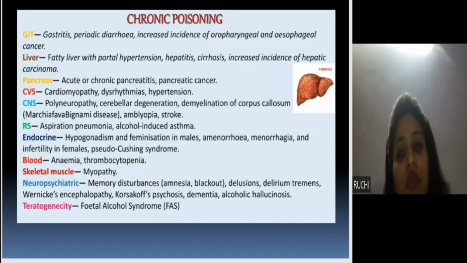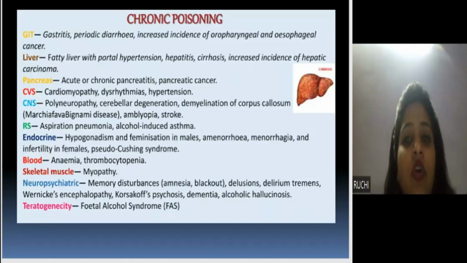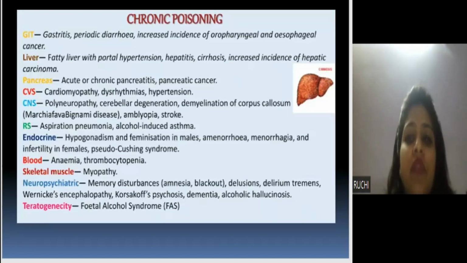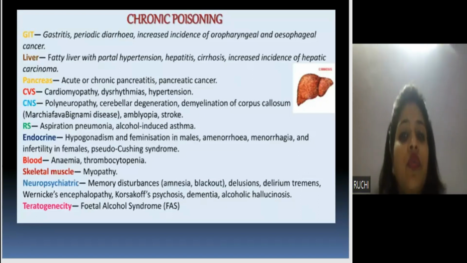Pancreas, acute or chronic pancreatitis or pancreatic cancer. CNS, polyneuropathy, cerebellar degeneration, demyelination of corpus callosum. In respiratory, asthma. These are very chronic kinds of things, so this happens if the patient is a chronic abuser of alcohol.